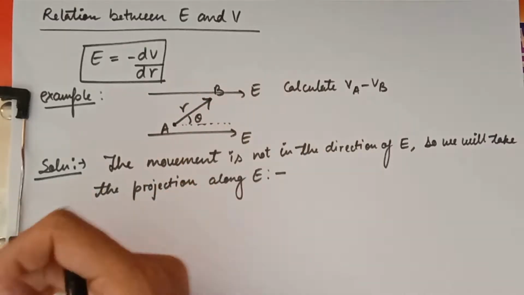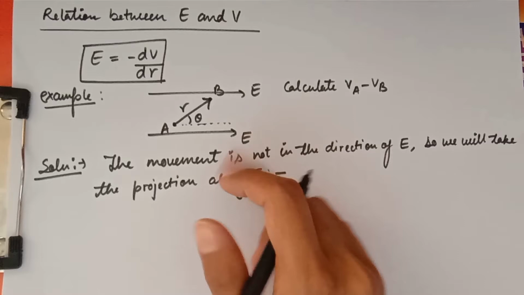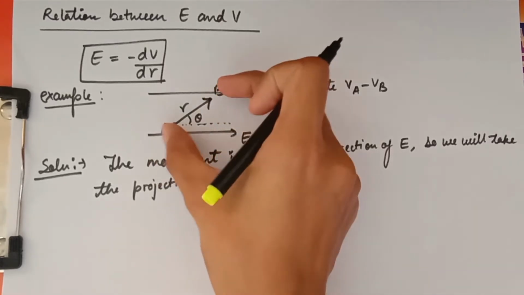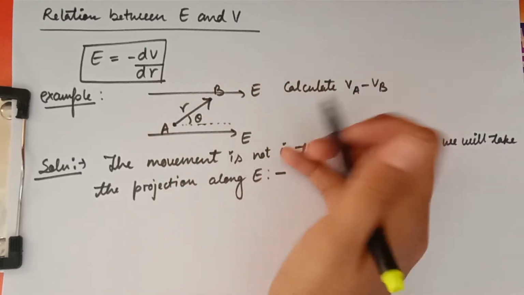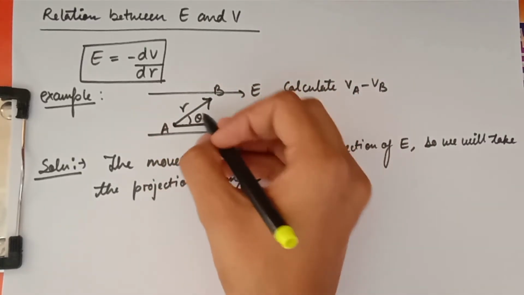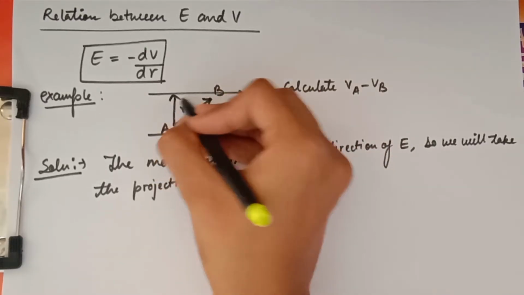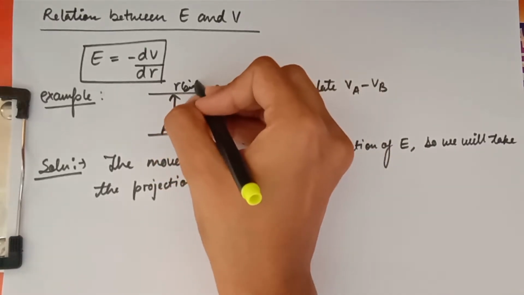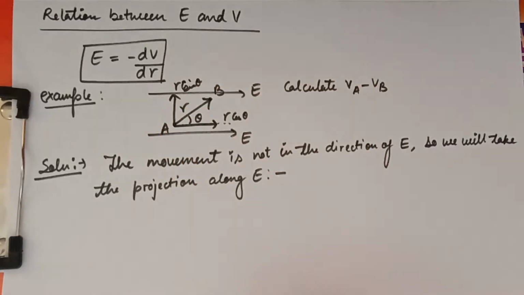These two are not in the same direction, so we will take the projection along E. Now we will take the projection of this displacement in the direction of E. So this will be R cos theta, and this component will give you R sin theta. It is S-I-N, sin theta.